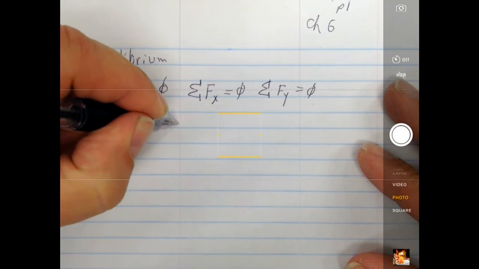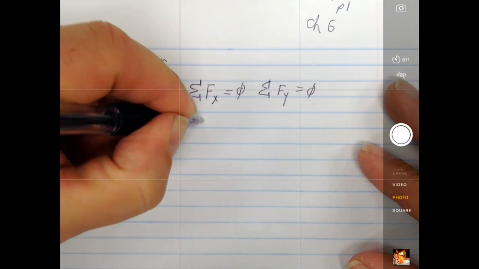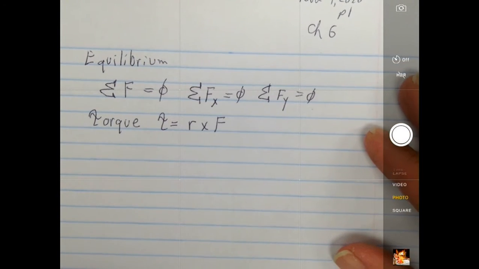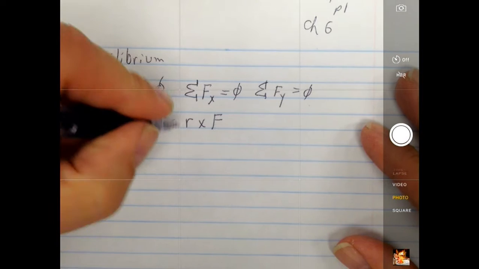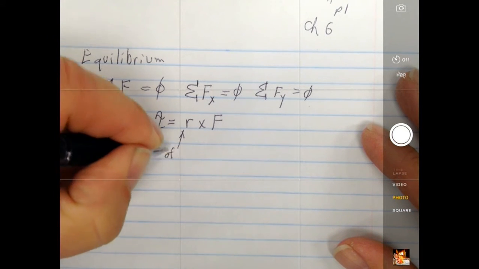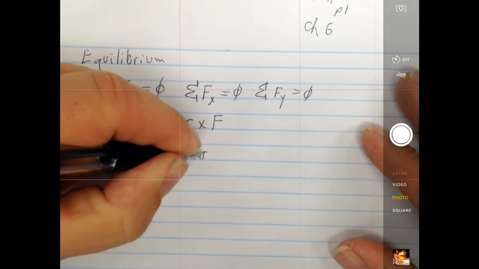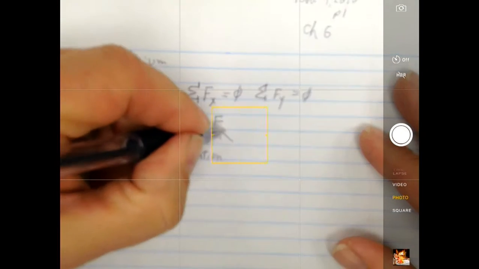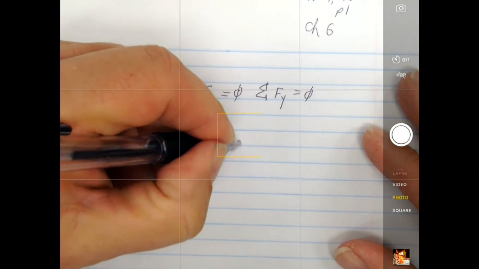Torque is defined as a cross product, which I haven't taught you yet, between the axis of rotation of an object and the application of a force.